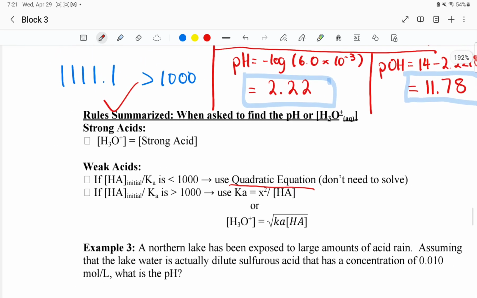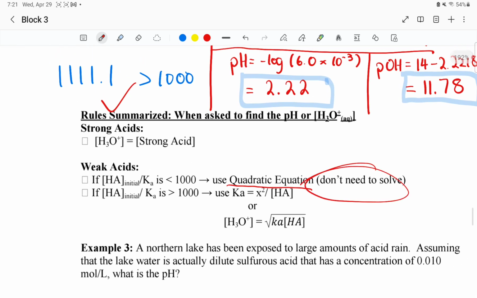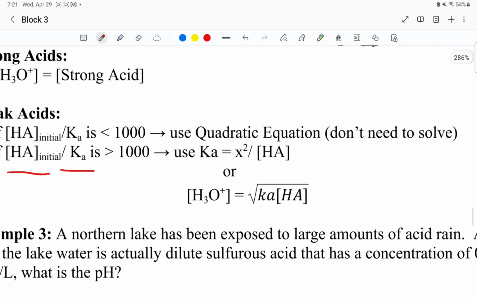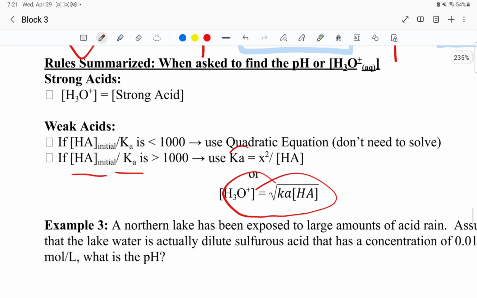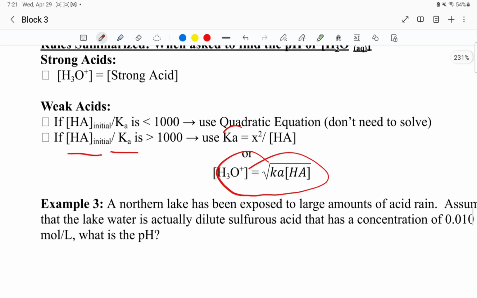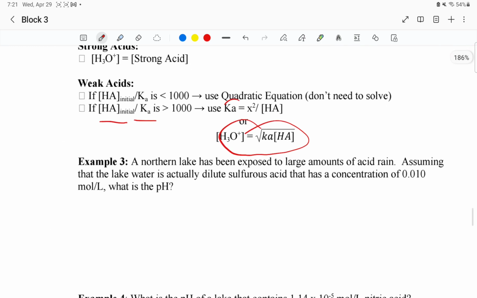Usually you won't need to solve this. Usually, I'll still make you solve it, but they usually won't happen. But when your HA divided by your Ka is bigger than 1,000, then we can use Ka is x squared divided by HA, or you can say the hydronium ion concentration is the square root of your Ka times the concentration of your initial acid.